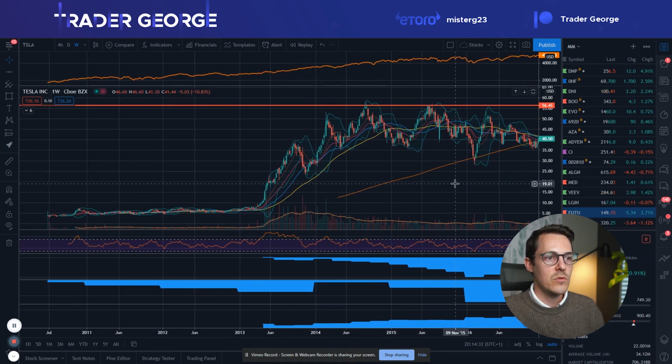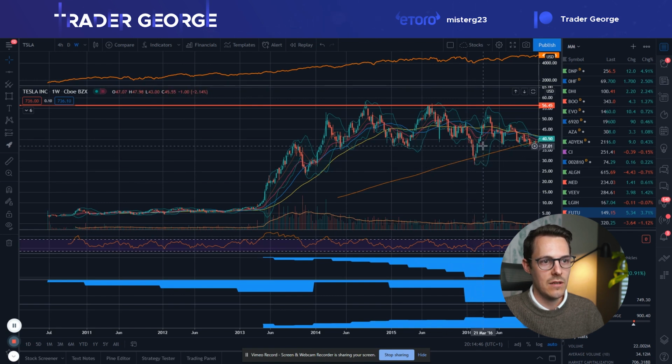Then when it comes to support, you can see that there was a bounce off here and here. So this was an interesting level for a while, but then it kind of got breached here and then tested again here. This level is the same as this and this. So there's clearly something interesting going on here, but then it also did get violated.